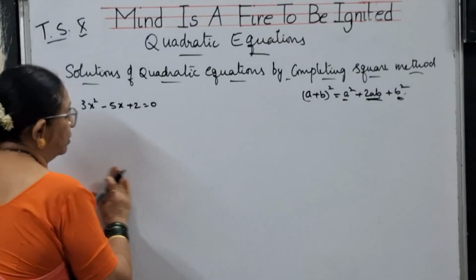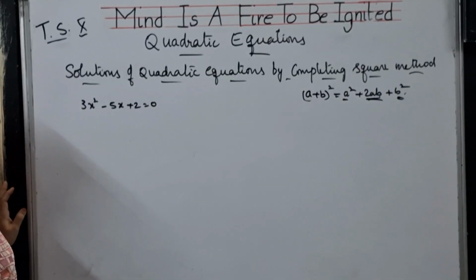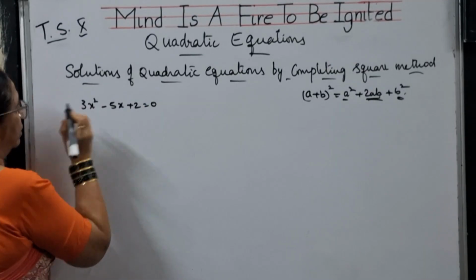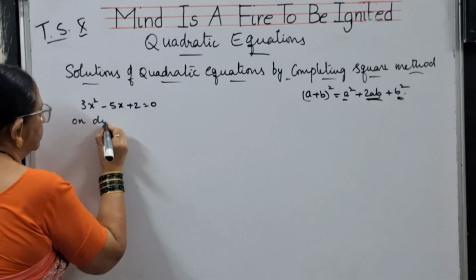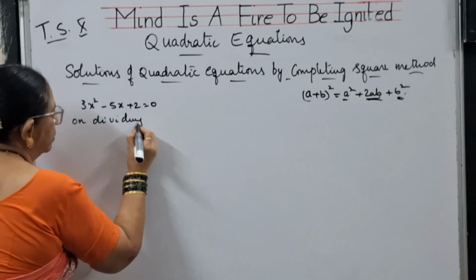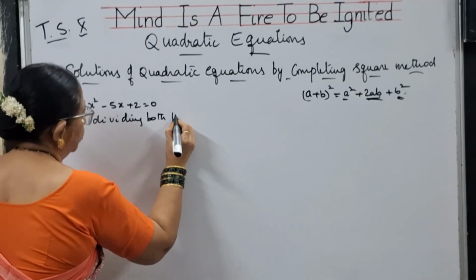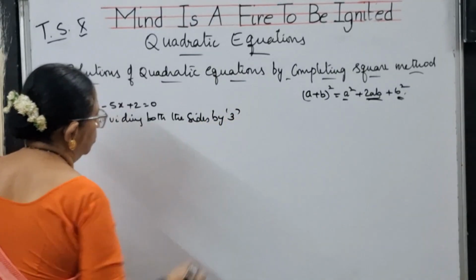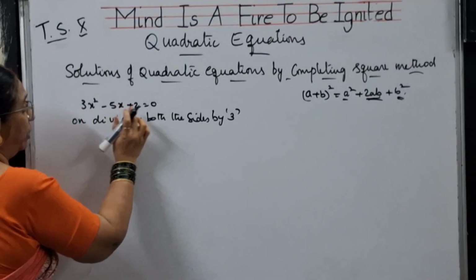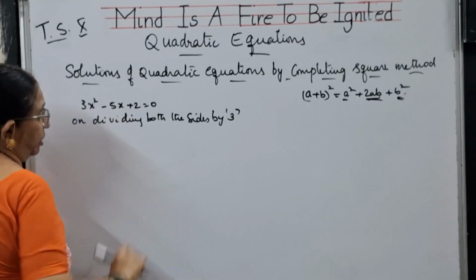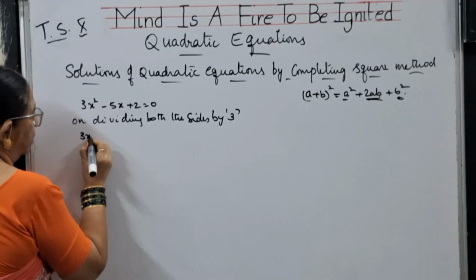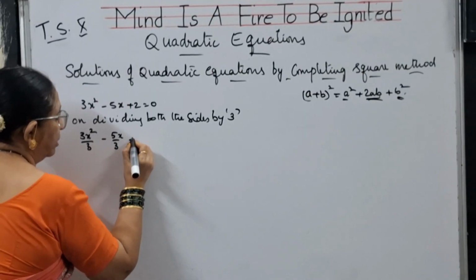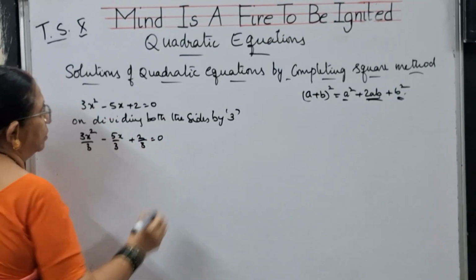So if you have a coefficient for x square, whatever be the coefficient, you should divide the entire equation with that coefficient. Coefficient is 3. So on dividing both the sides by 3, you have to divide by 3. That means each and every element on the left side should be divided by 3. So you'll write 3x square by 3 minus 5x by 3 plus 2 by 3 is equal to 0.